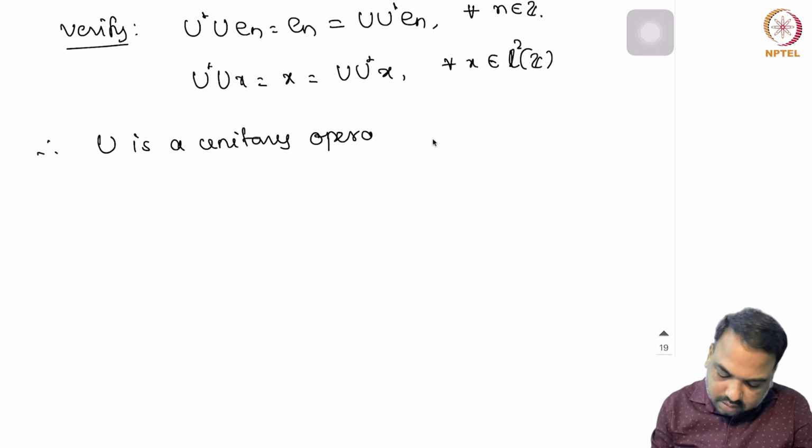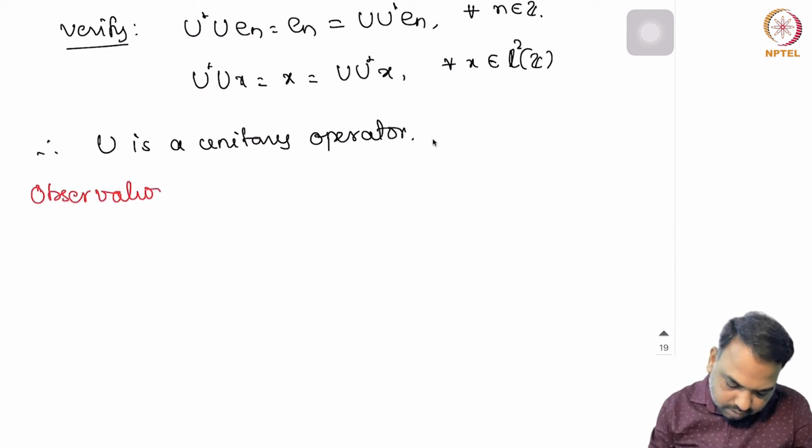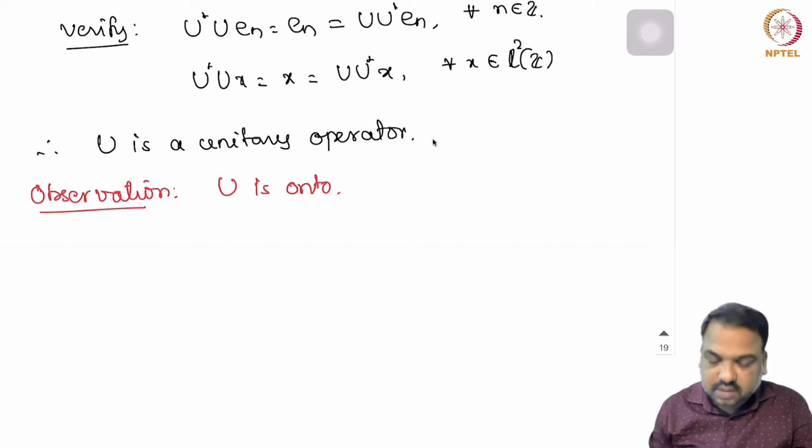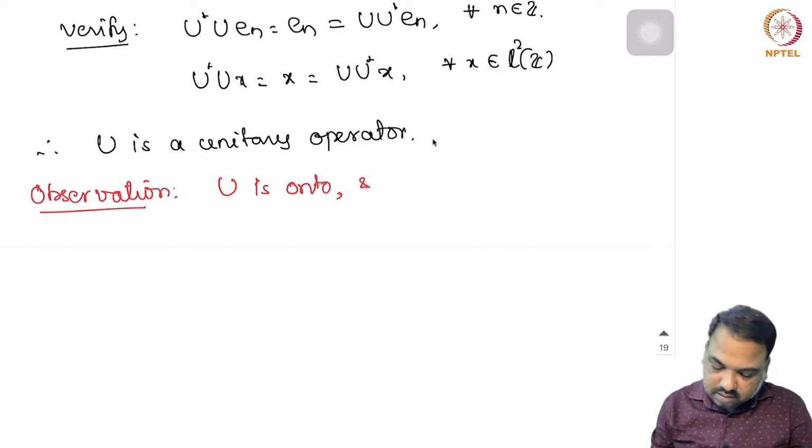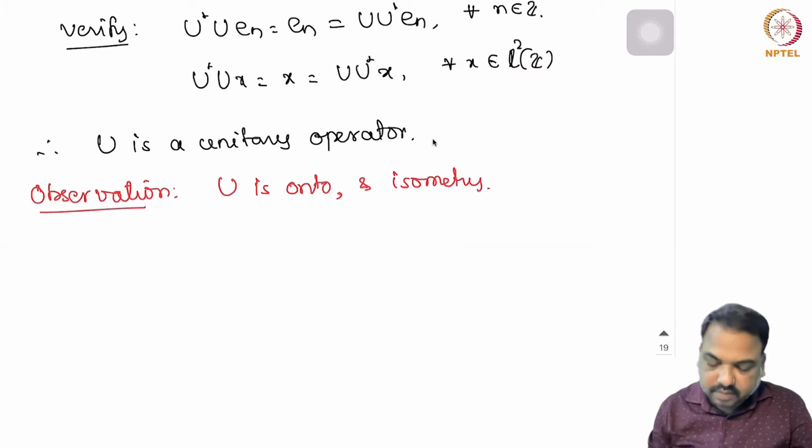Here if we observe, we can say that U is onto. U is isometry and onto. And in fact, U star is also isometry and onto.